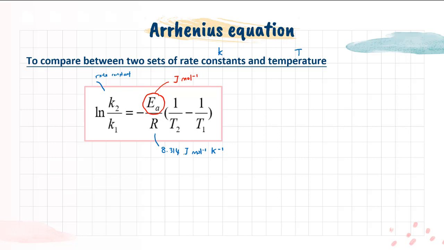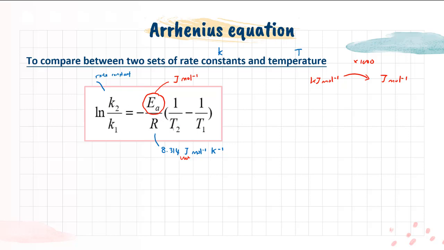So if the question gives you kilojoule per mole, you need to convert into joule per mole by multiplying with 1,000.